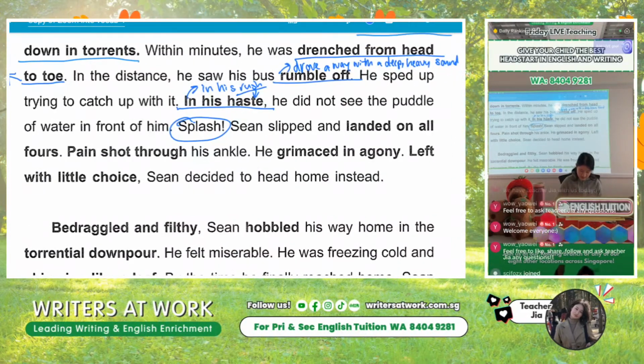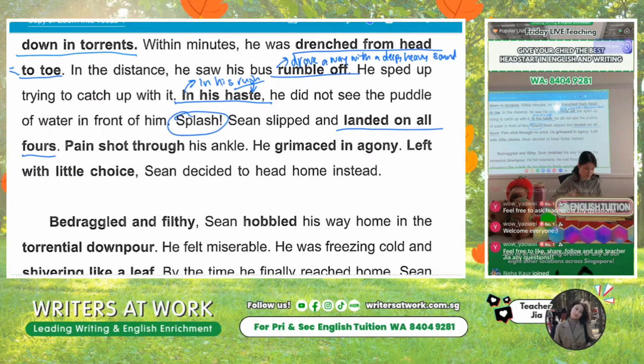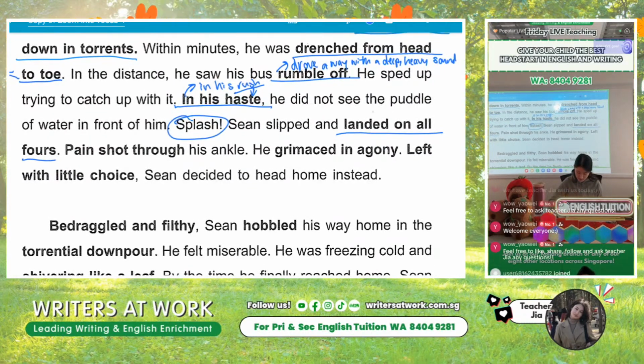He slipped and landed on all fours. When you say that someone lands on all fours, you can imagine they are literally on their hands and knees. That's what it means, so it's an idiom.